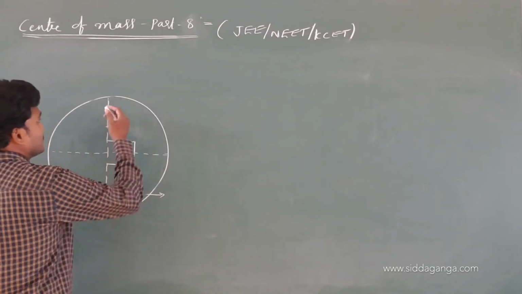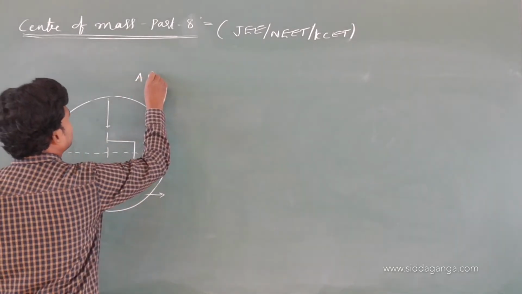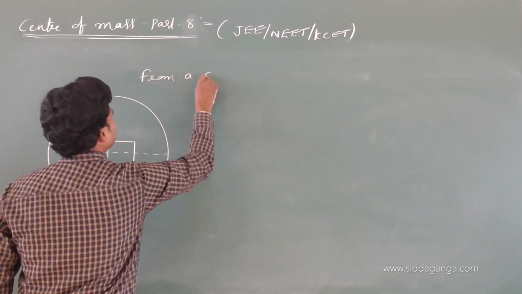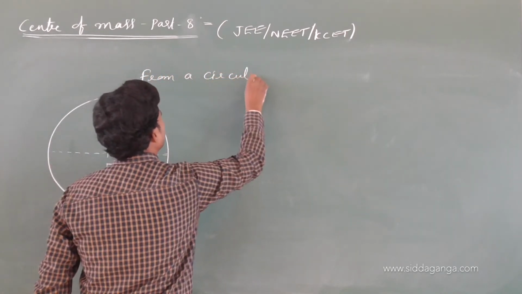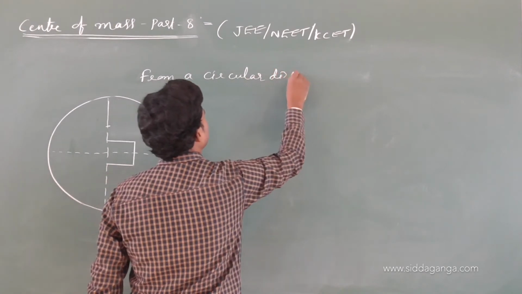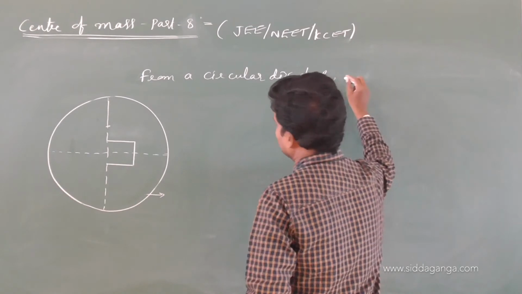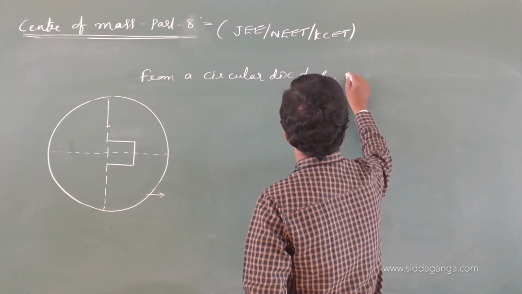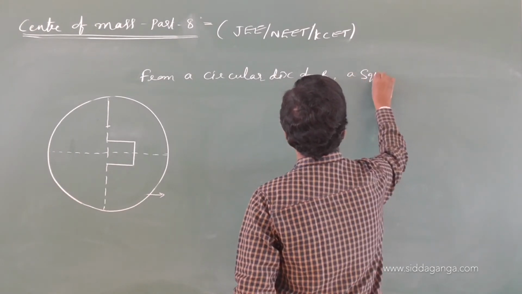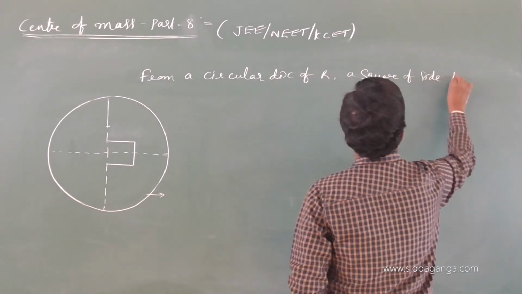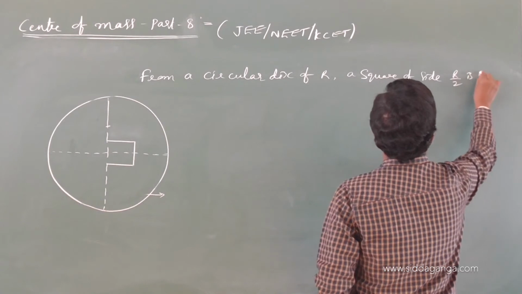Here they have given a diagram like this. From a circular disc of radius R, a square of side r by 2 is cut as shown.